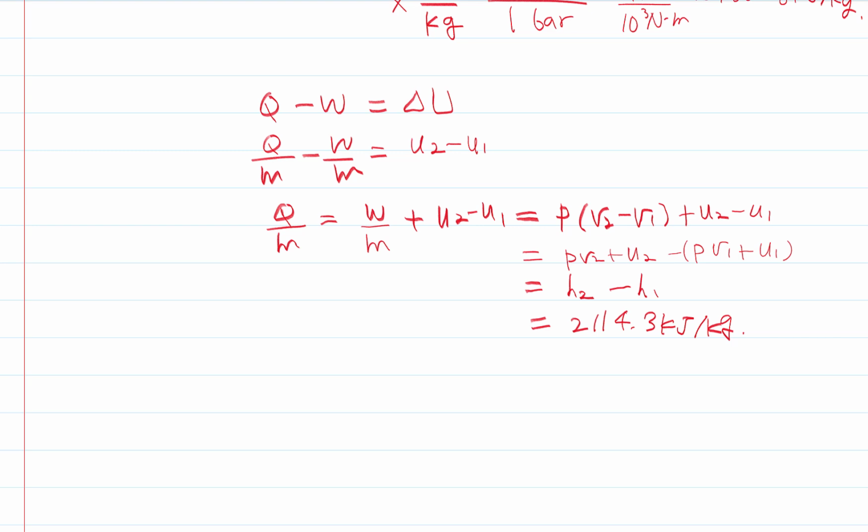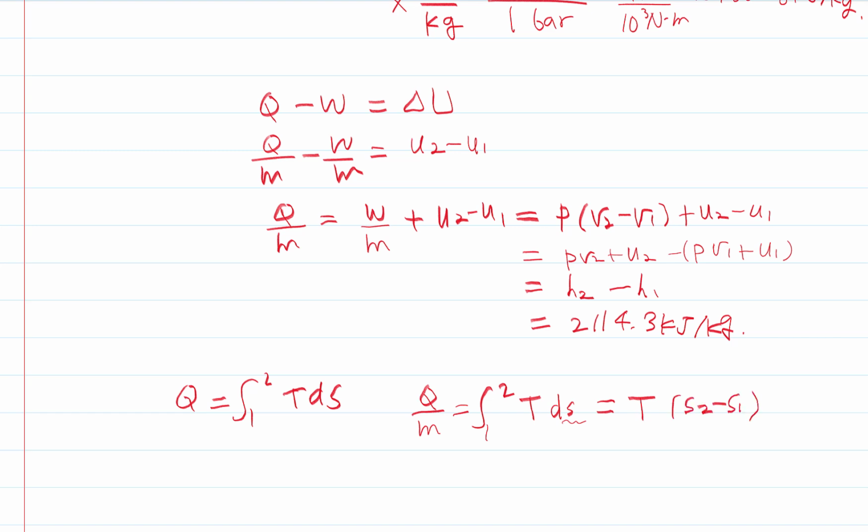So another way to determine the heat transfer is to use the entropy change during the process. So Q can be written as the integral of T dS, or Q over m is the integral from state 1 to state 2 of T ds. This is lowercase s. Temperature remains constant during the process, so T times (s2 minus s1).